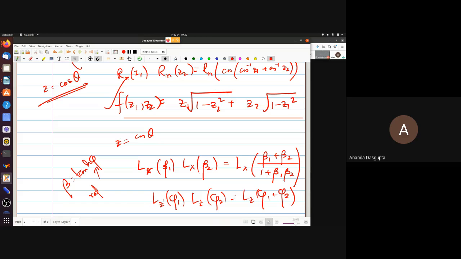This is the rapidity, a new parameter which is often used instead of beta, especially in more advanced calculations, simply because the maths becomes a lot simpler. You can add up. Okay? And this ability of adding up is actually critically important for this group Lie algebra connection, as you will soon see. Okay?